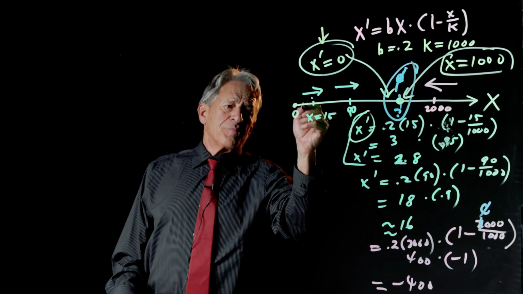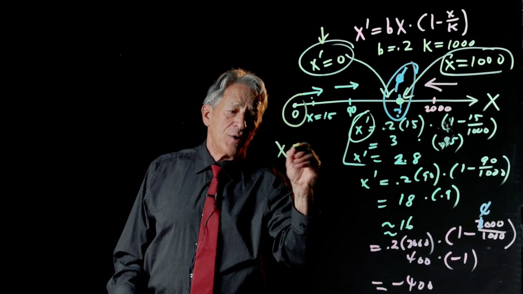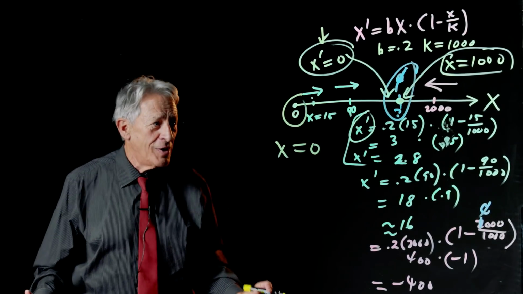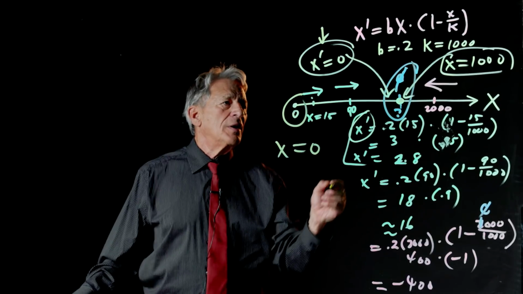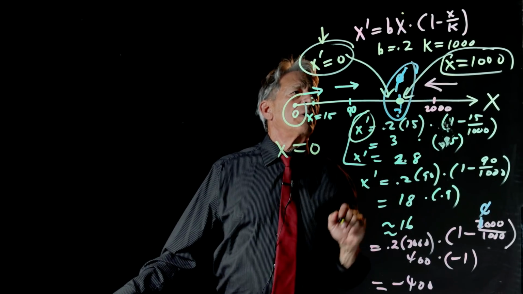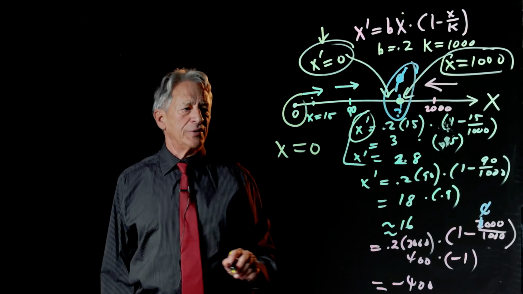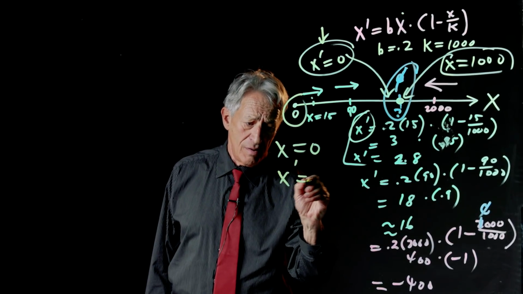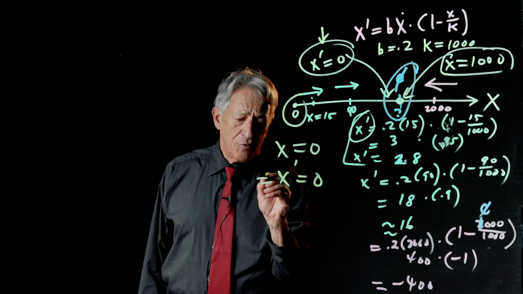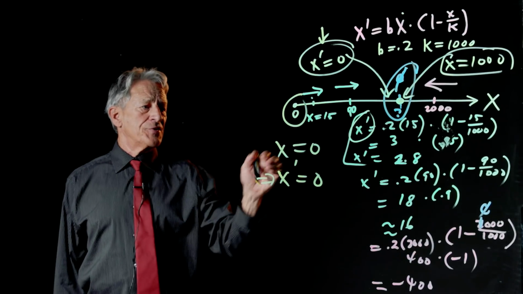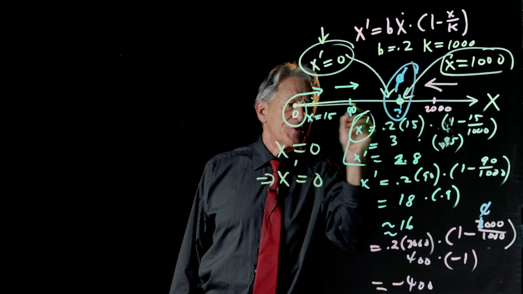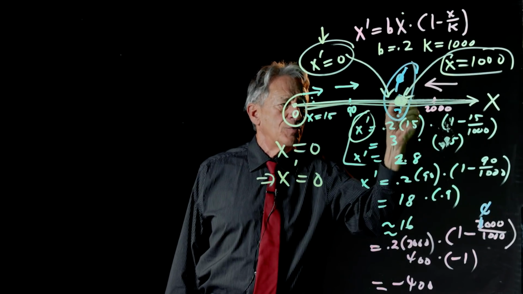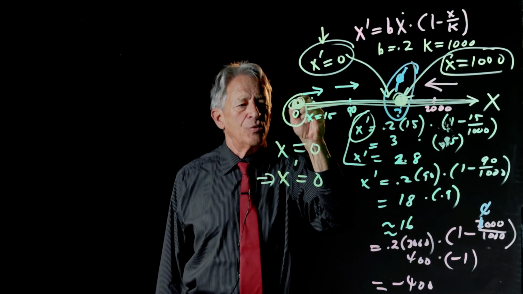Now there's this other point here, the point x equals 0, where x really is 0. And if you plug x equals 0 in here, you immediately see that x prime equals 0 again. So there are really two places in state space where x prime equals 0, namely x equals k and x equals 0.